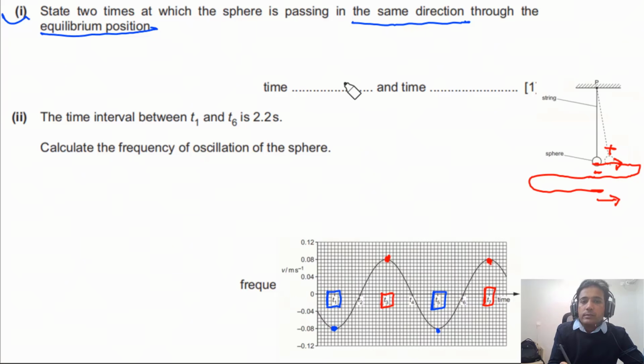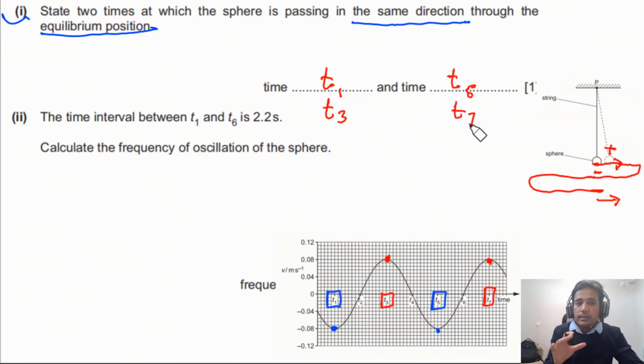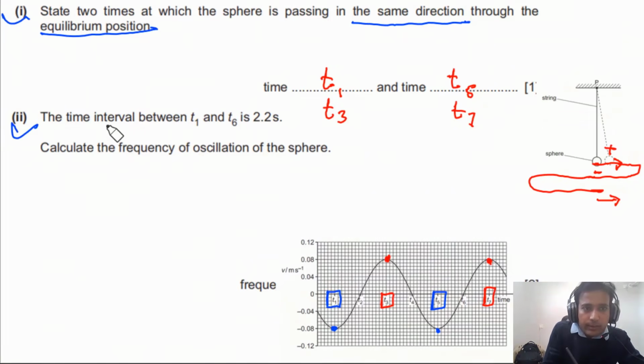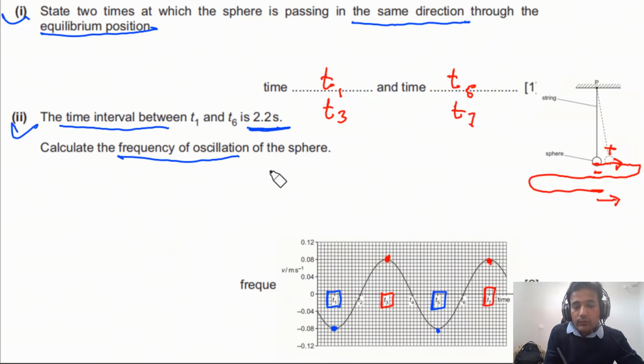So you can write any of them. I'll be just writing T1 and T5, but you can also write down T3 and T7. Both answers are correct. For the second part, the question says the time interval between T1 and T6 is 2.2 seconds. Calculate the frequency of oscillations of the sphere.